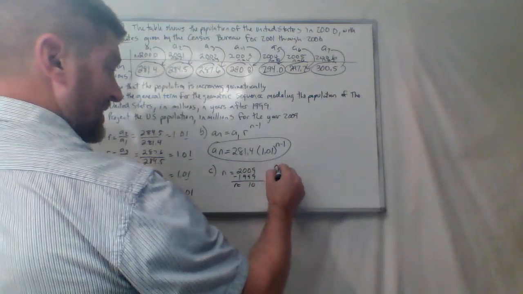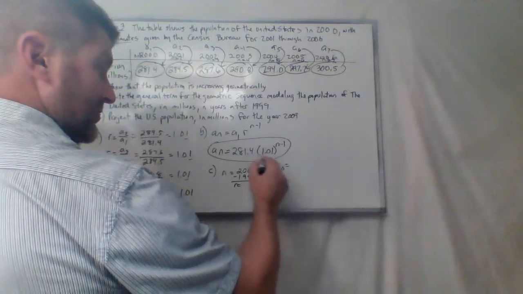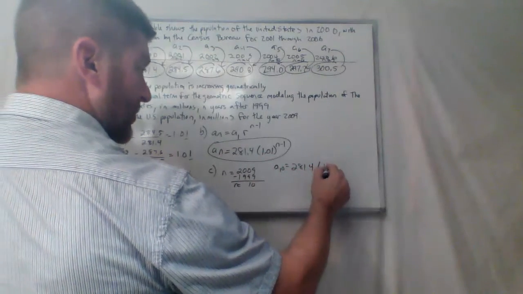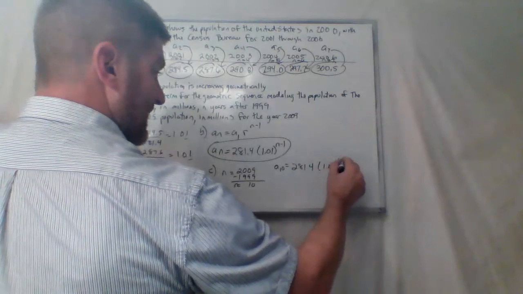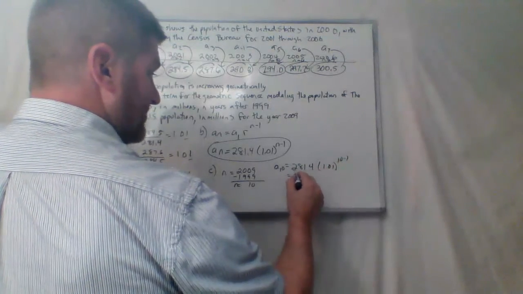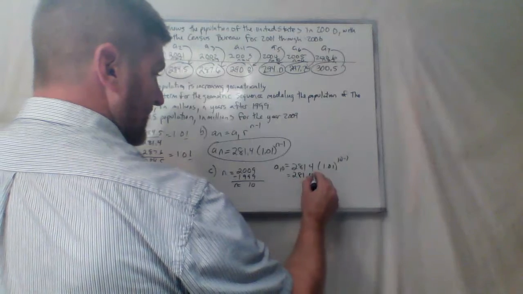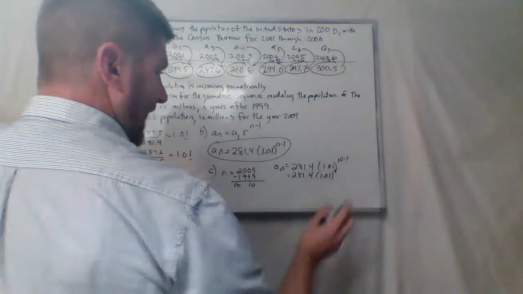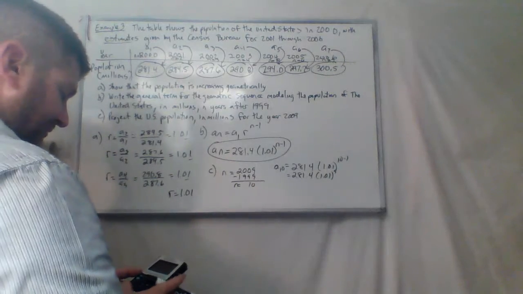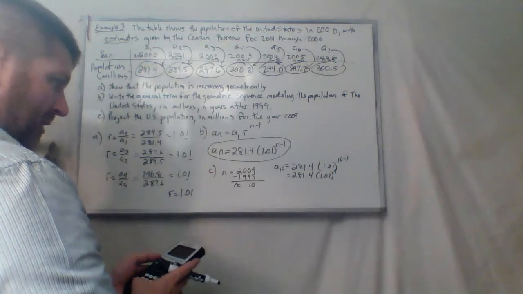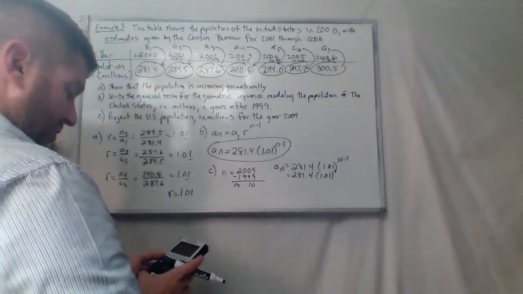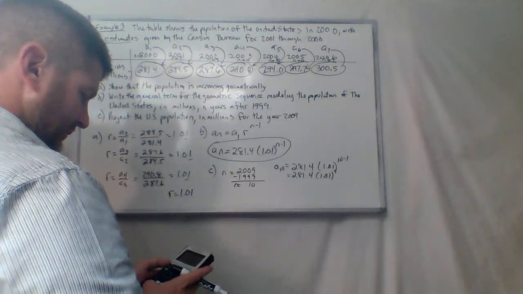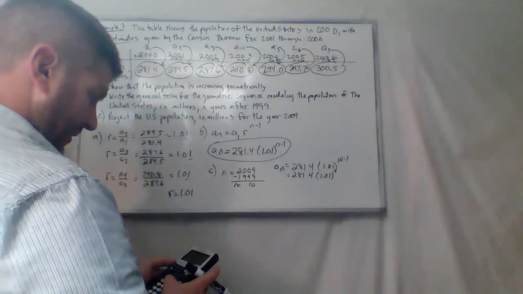So if I want to find the 10th term, I would use this general form here, 281.4 times 1.01 to the 10 minus 1. Now, I know 10 minus 1 I could do real quick. That's going to be 1.01 to the 9th power. All right. So let me just do 1.01 to the 9th power.